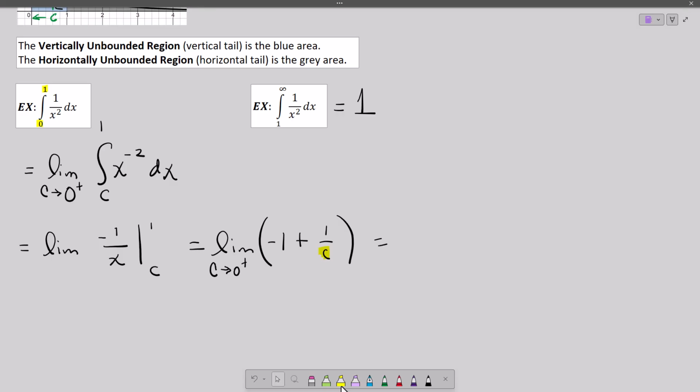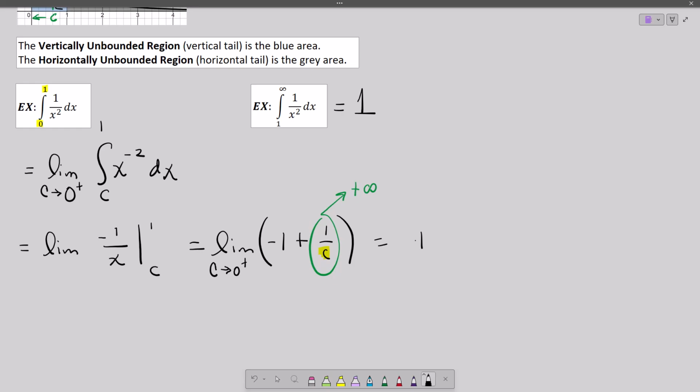Then 0.01, your fraction value goes to 100. So this fraction right here is getting bigger as c is getting closer to 0. So in your mind, when you have c going to 0, think 1, 1/10, 1/100, 1/1000. And then when you flip that, you get 1, 10, 100, 1,000. So as c goes to 0, this piece right here is going to go towards positive infinity. And if you subtract 1 from that, you still have positive infinity.